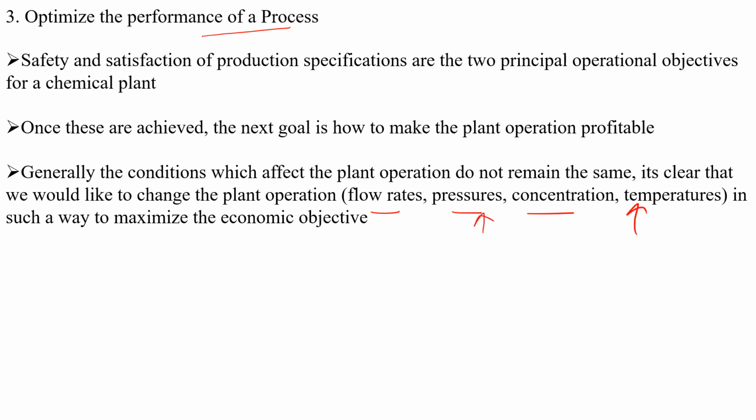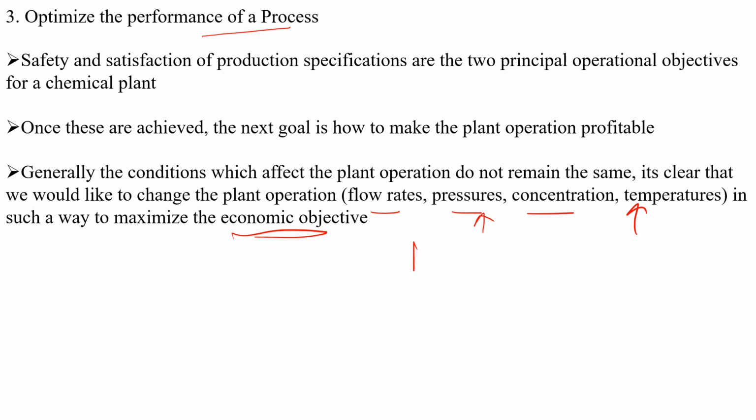So finally, in order to have the maximum revenue, we need to go for process control, because if you use the available resources properly and efficiently, automatically your profit will be maximized. So we need process control.